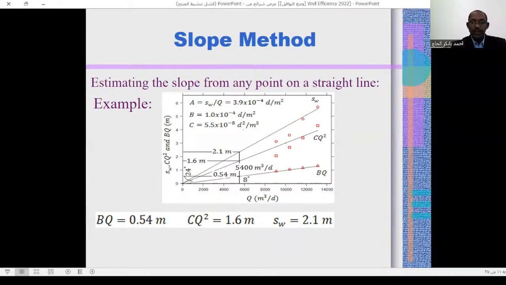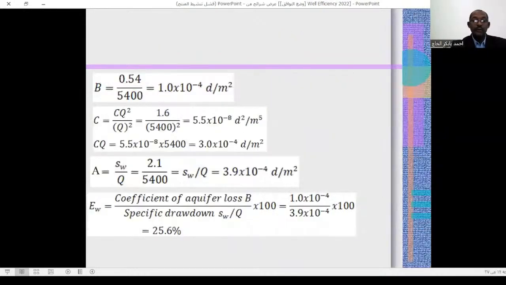BQ, CQ square, and total losses, drawdown. After that, calculate well efficiency depending on the value of A, B, C. Well efficiency equals 25.6%.